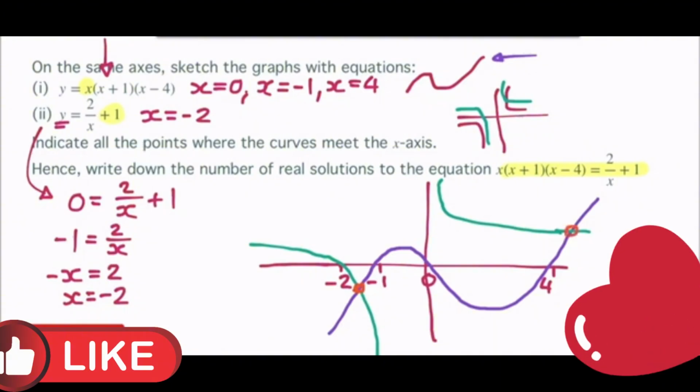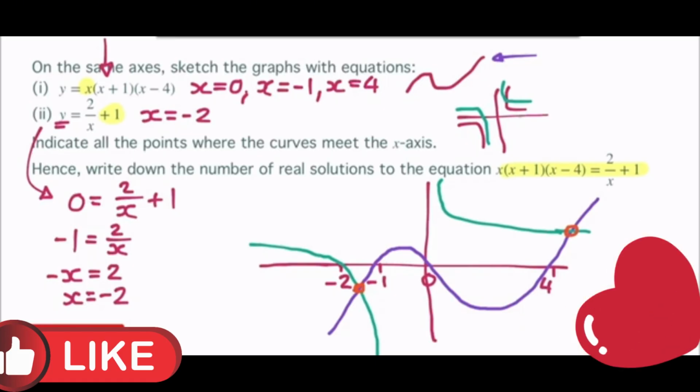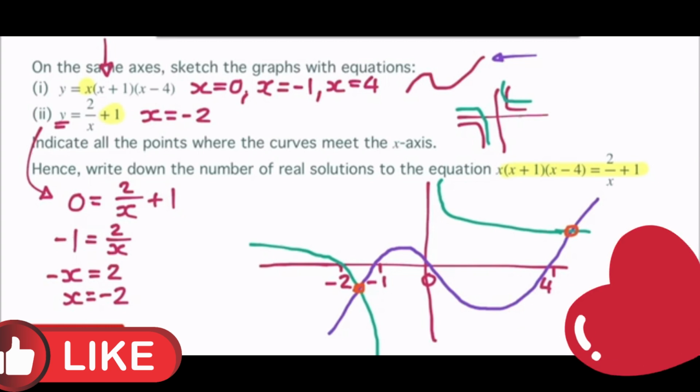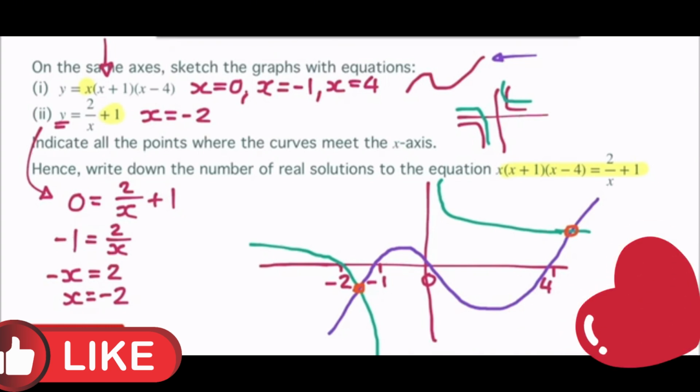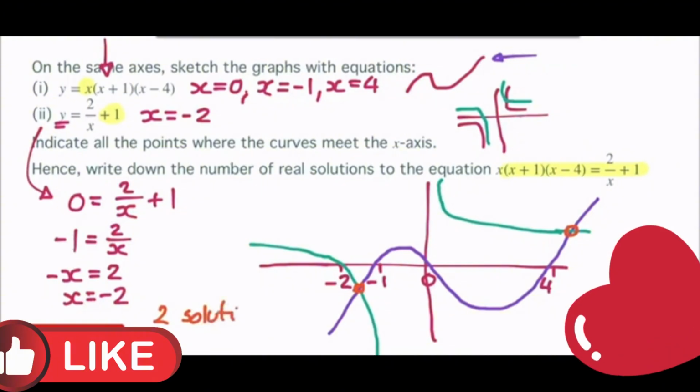So in total, we have two solutions as the graphs cross over at 2 points there. Okay, so we would obviously just say two solutions as the graphs cross over at 2 points. I'm just going to write that in there, two solutions.